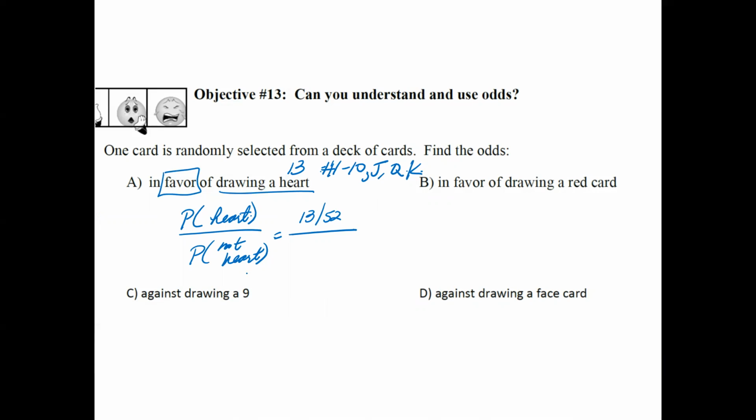What are the chances of not getting a heart? Well, if there are 13 hearts, 52 minus 13 is going to give you the number of cards that are not hearts. So 52 minus 13 is going to give you 39. So these are non-heart cards. So 39 over 52.